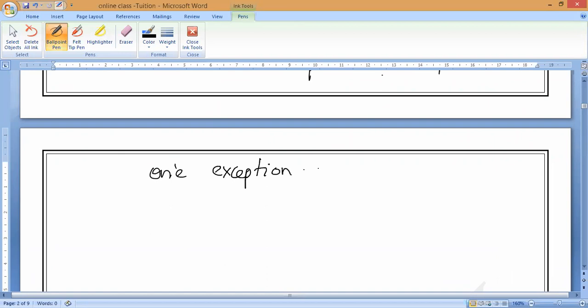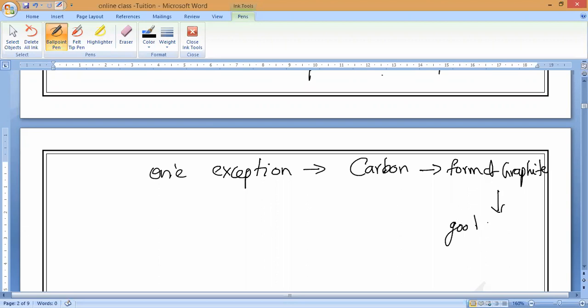That is also carbon. Be very careful; I will say three things. Carbon in the form of graphite is a good conductor of electricity.